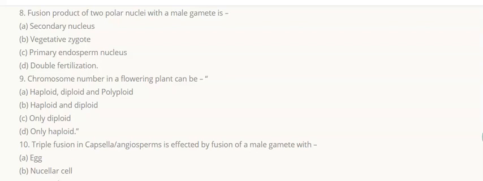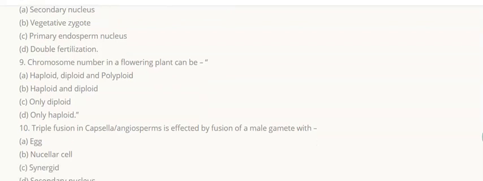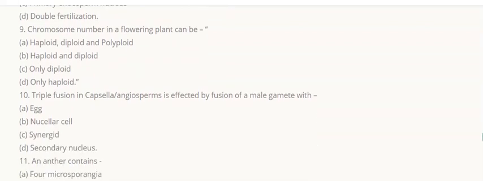Because wheat, if we see, is a highly developed polyploid plant. Anyhow, A is the correct option, because all the parameters which are discussed are there in A. So the correct answer for question 9 is A.